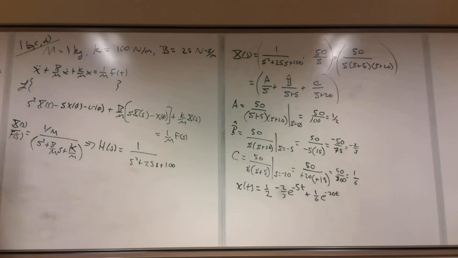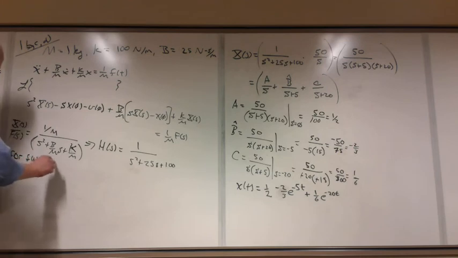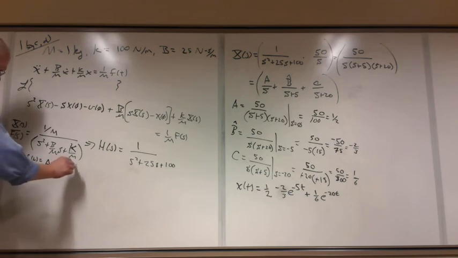And so, at steady state for this system, x steady state of t, for f of t equal to a sine of omega t.